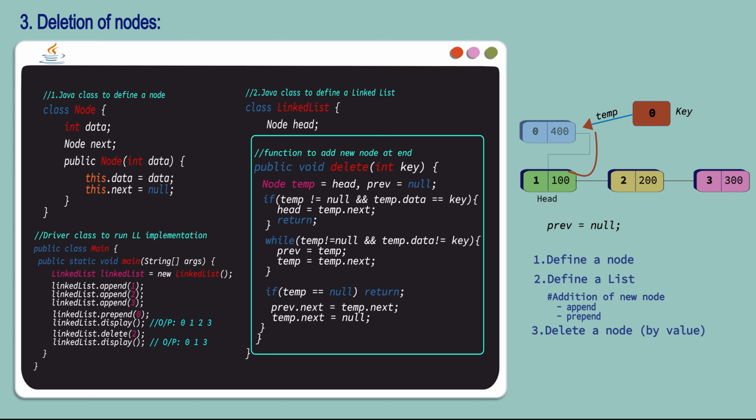Now let's check how we can delete a middle element. Before that, I'm just resetting this list. That is, I'm still keeping the previous elements, 0. Suppose now you want to delete the element 2. Again make a temporary node which points to the head and keep comparing the elements to the key. When 2 is matching with the key, we have to delete the 2, that is, we have to make the 2 obsolete.